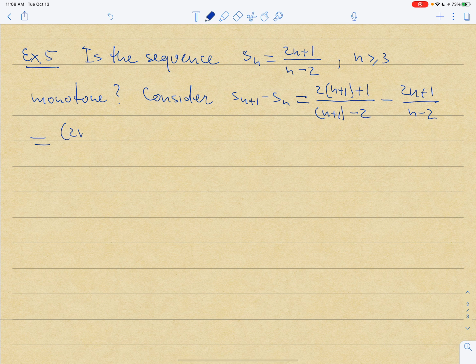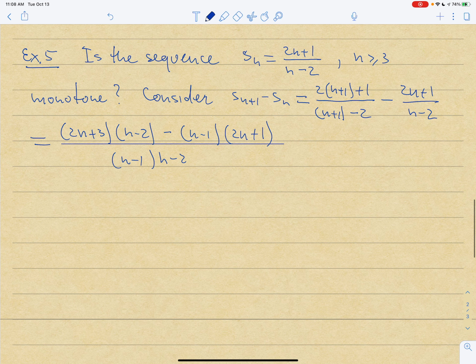So I have (2n+3)(n-2) minus, the denominator here, n+1-2 is n-1, so minus (n-1)(2n+1), divided by the product of two denominators, so that would be (n-1)(n-2). We continue by simplifying.